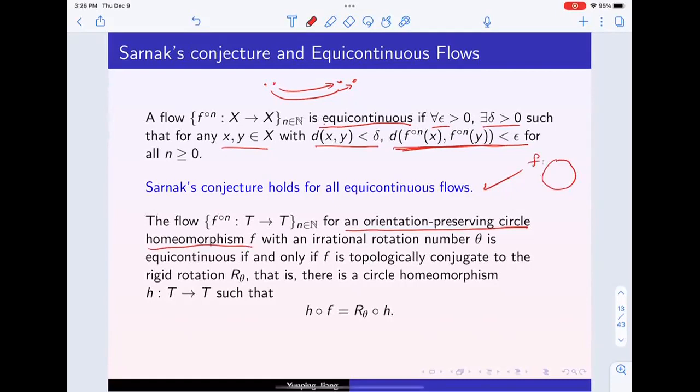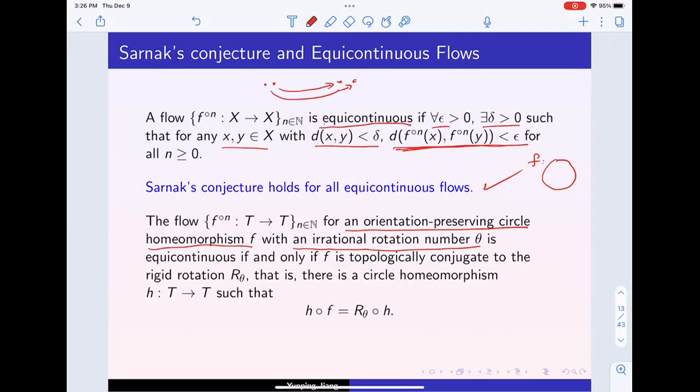So F is a homeomorphism on the circle. Every such homeomorphism has something called a rotation number. Then we assume this rotation number is irrational. Then this F is equicontinuous if and only if it is topologically conjugate to the rigid rotation.